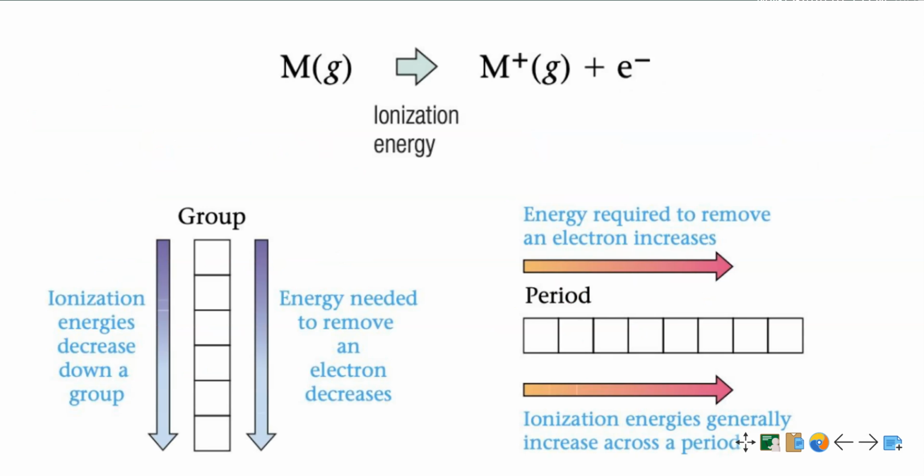Okay, so ionization energy, if we go back to that idea of losing an electron, ionization energy is the energy required to remove an electron from an atom.